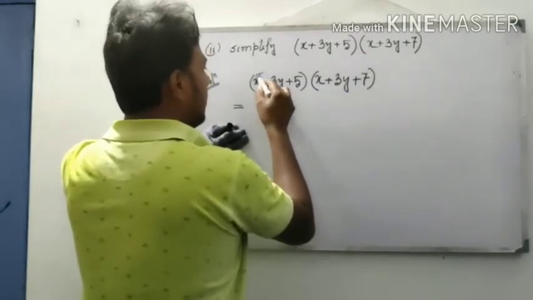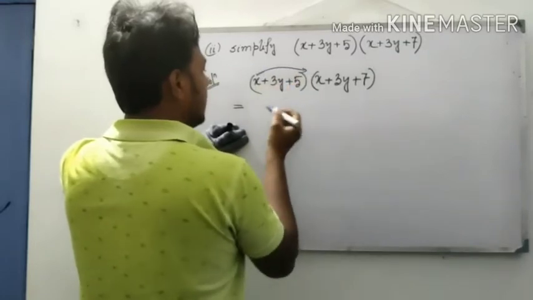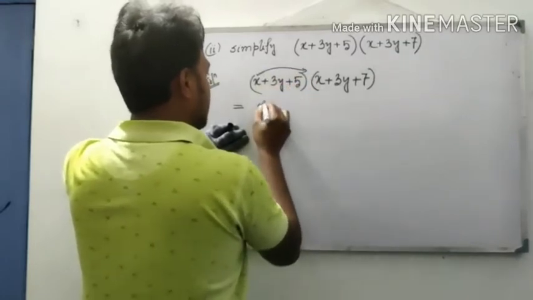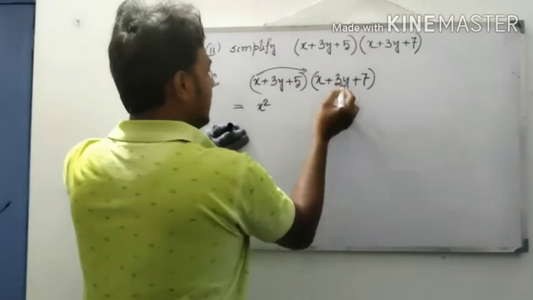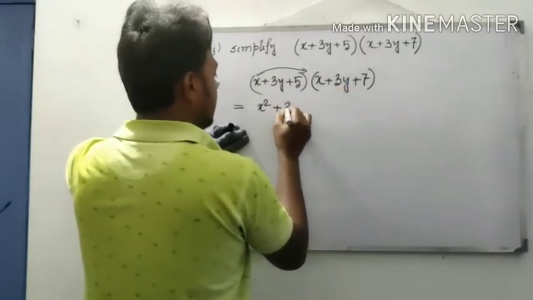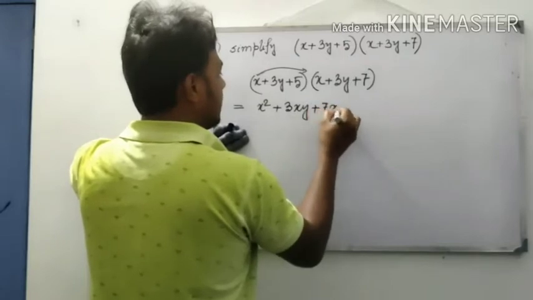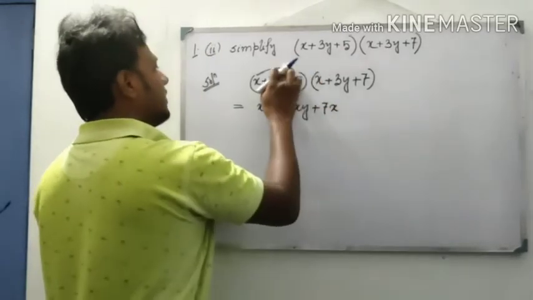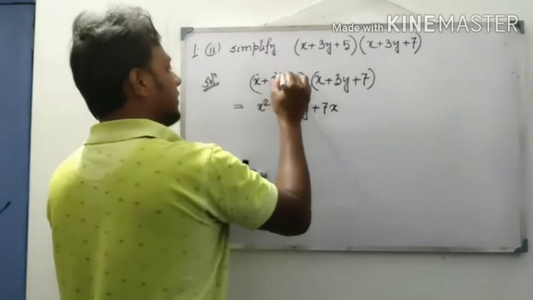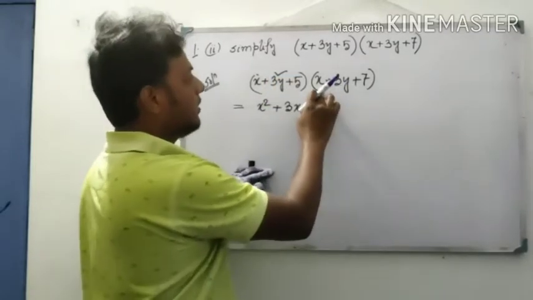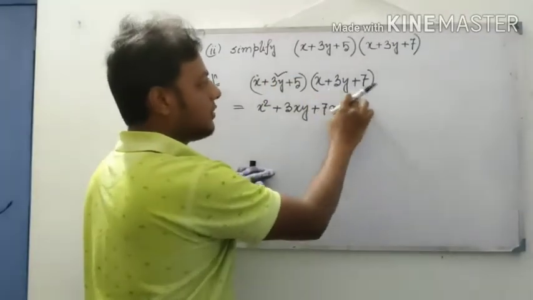So if you multiply all the terms, the first will be x square. If you multiply with the second, it will be 3xy, plus 7x. Next we will consider the second term, 3y, and multiply all the terms of the second factor.